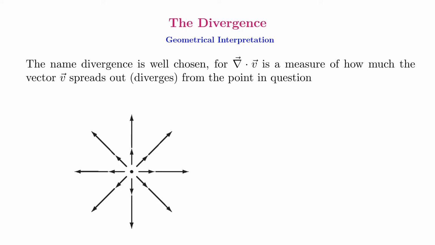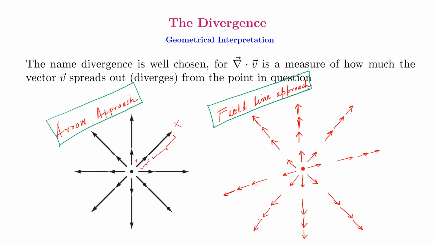In the arrow approach, the strength of the field is indicated by the length of the arrow as shown in this figure. You can see that at this point the length is large compared to this point. That means that at this point the strength of the field is higher, and at this point the strength is lower.